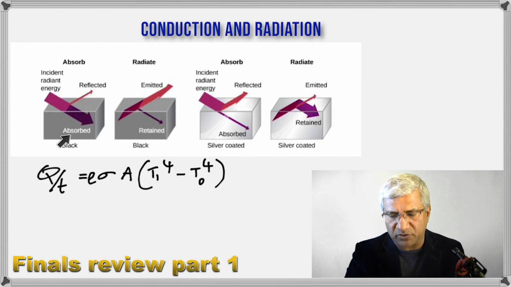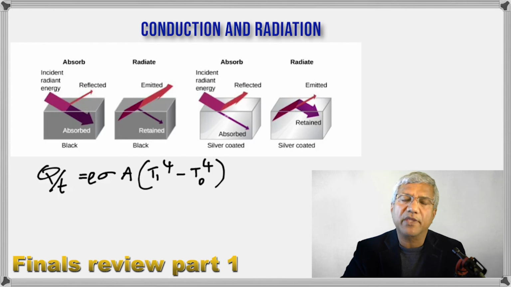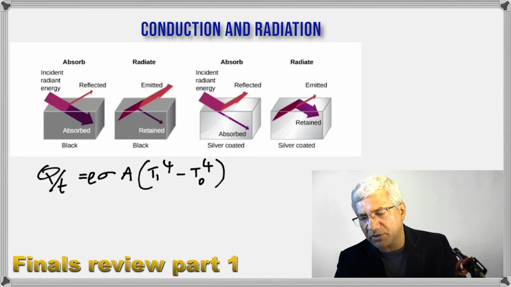It's emitting. So that's why it's a good absorber and a good emitter. That's black. When it comes to silver coated, which is white polished, most of it is reflected. See that? It doesn't absorb much and it doesn't radiate much. That's what I was talking about.